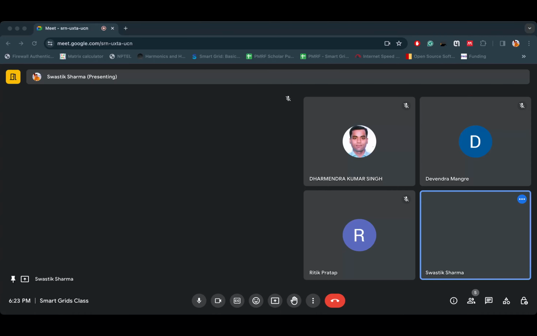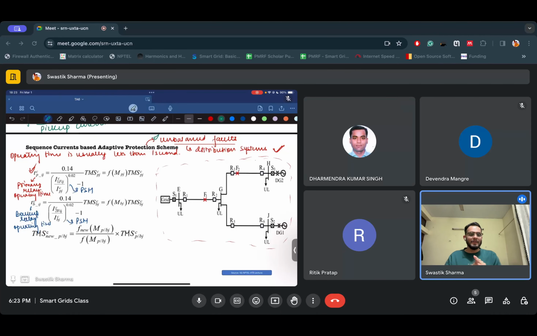Sir, please repeat. Okay, I told you this sequence currents based adaptive protection scheme requires the positive sequence current component and the negative sequence current component, right? The primary operating time is calculated using a plug setting multiplier, which requires the positive sequence current component.